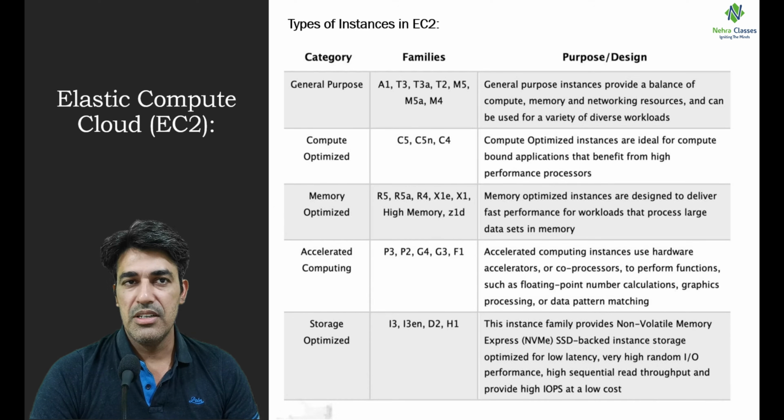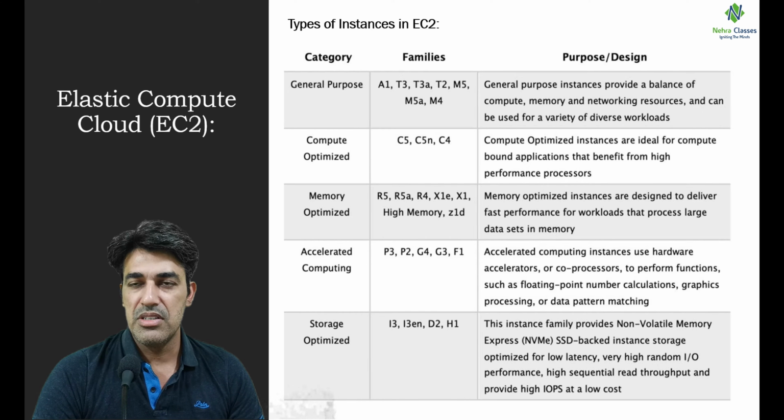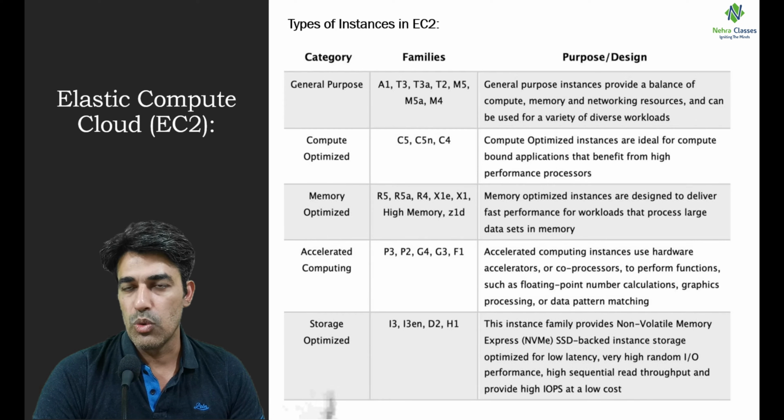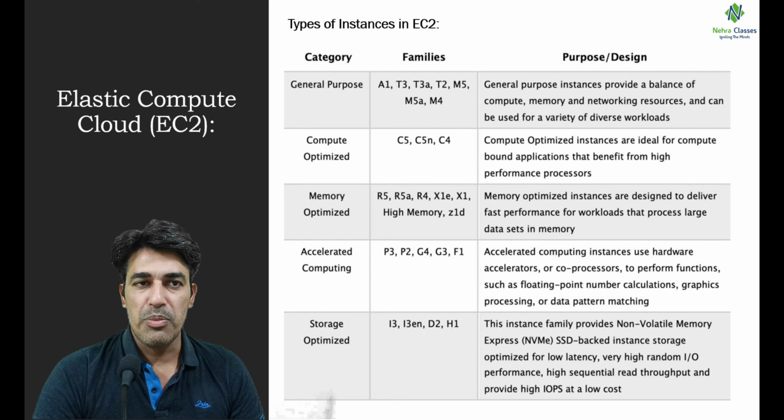Now let's understand the uses of each category. The first category is general purpose instances. General purpose instances provide a balance of compute, memory, and networking resources and can be used for a variety of diverse workloads. While compute optimized instances are ideal for compute bound applications that benefit from high performance processors.